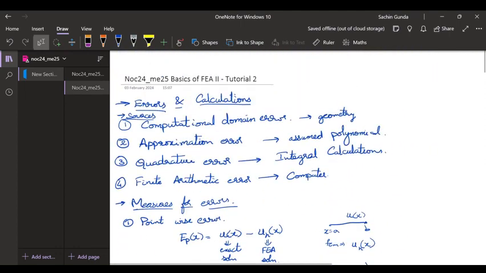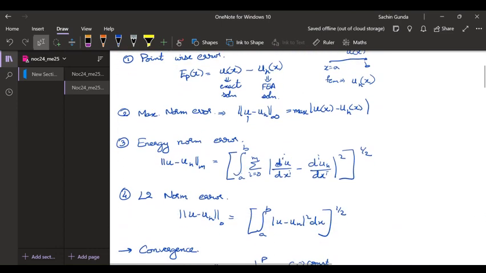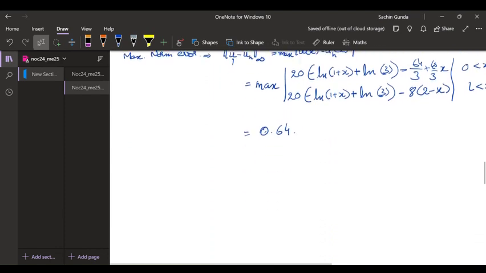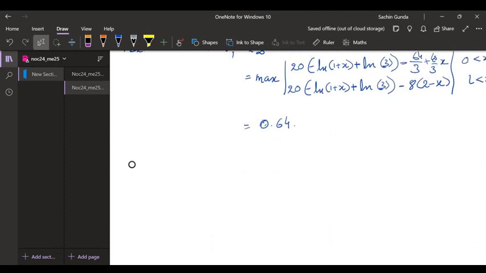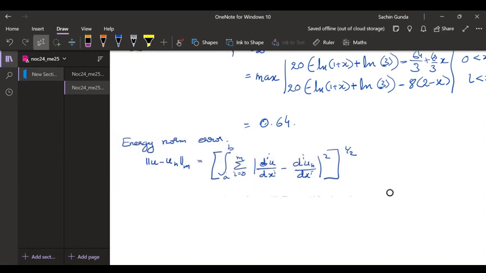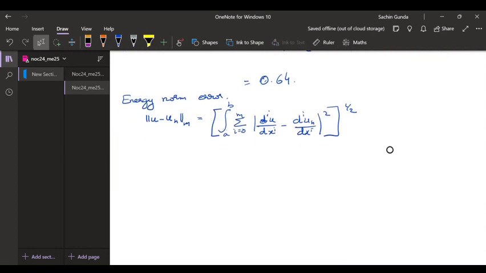Let's go to the third type of error. It is the energy norm error. I'll just copy this expression. This is the energy norm error. As I said, 2m is the order of derivative of the problem.